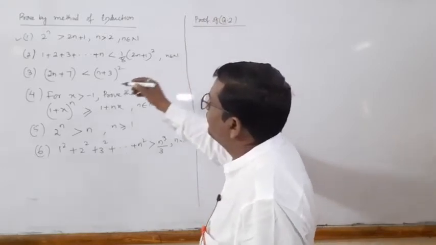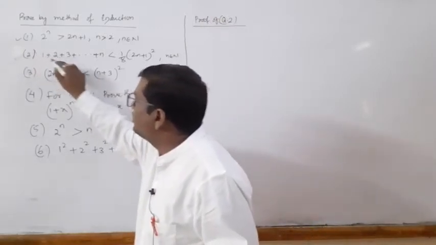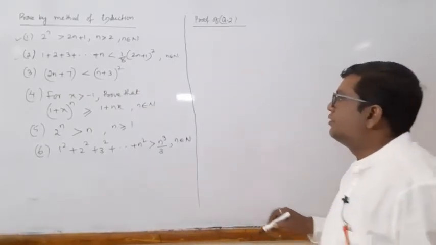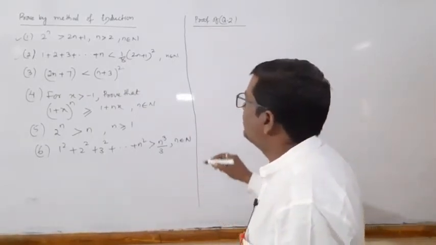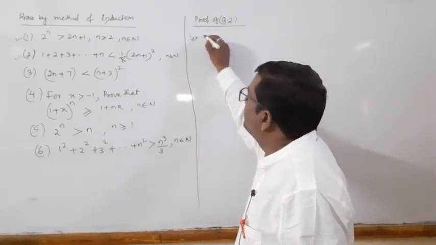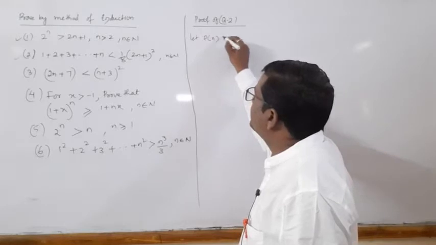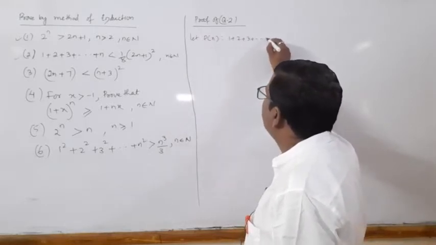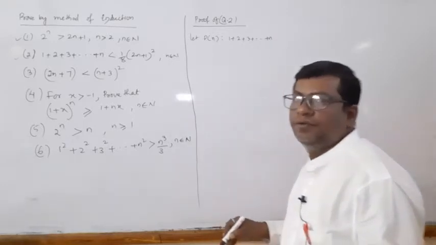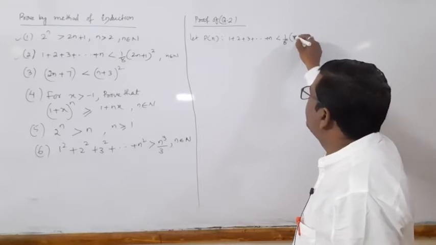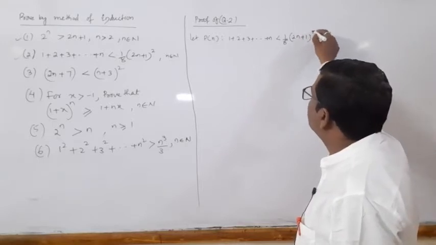Let 1 plus 2 plus 3 dot dot up to n be less than or equal to 1 by 8 into (2n plus 1) whole square for all n belongs to N. Let P of n be such that 1 plus 2 plus 3 dot dot up to n is less than 1 by 8 into (2n plus 1) whole square.